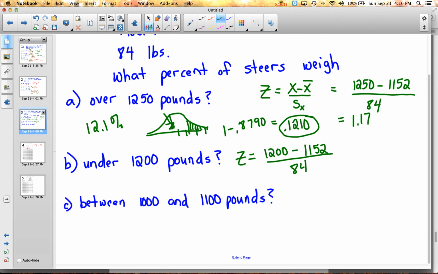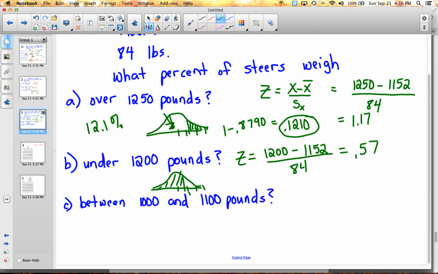So we can make that calculation, and we should get 0.57 because we just go two places. So this time, when I do my picture, I'm in the positive direction, and 0.57, maybe about right here, and I want under. So no subtraction on this one.